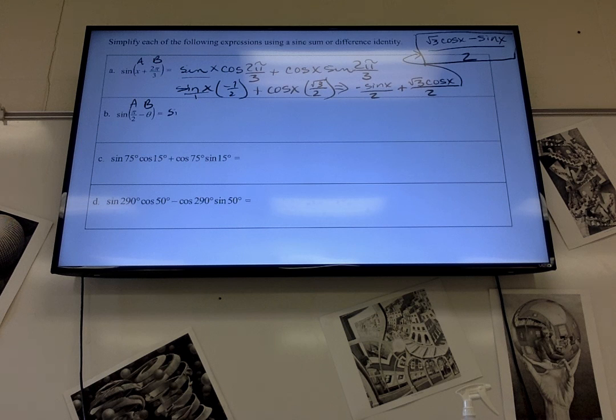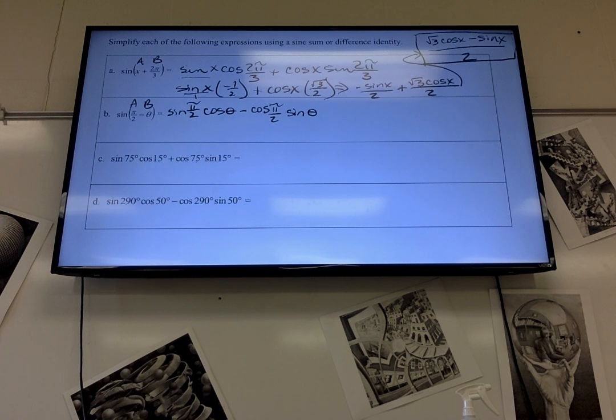Sine pi over 2, cosine theta minus cosine of pi over 2 times sine of theta. Very good.